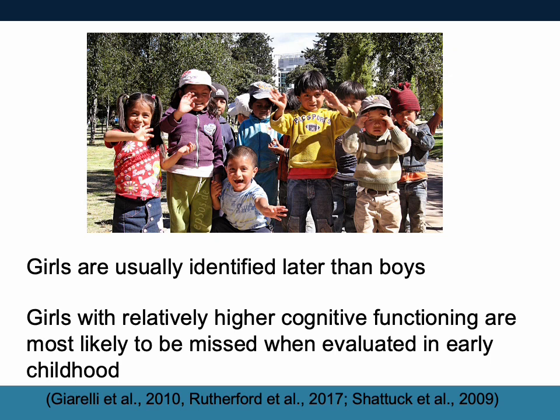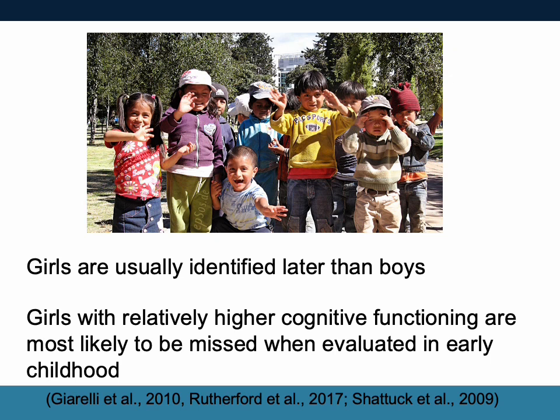We also know from the research that girls are usually identified later than boys, usually years later. And there are different data for different states. In general, in the United States, the average age of identification for boys still hovers at around 4 years of age.